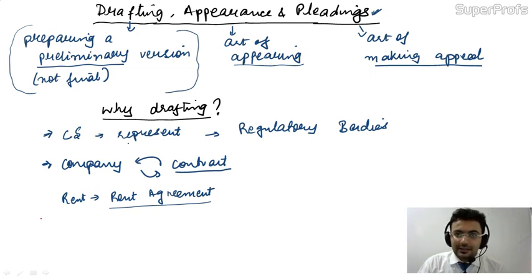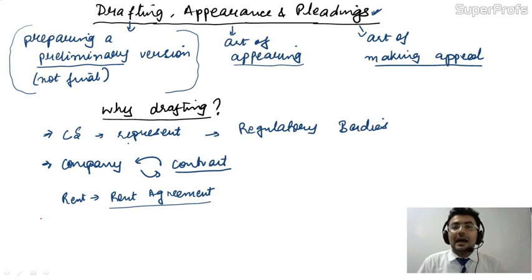Does it seem like we should think it's boring? Sure. Should I start with writing a love letter to your crush? Why should I write a love letter to your crush? Let us suppose you need to write a love letter to your crush. That will also be a part of drafting. Of course, we are not going to cover that here, but that is also drafting. Appearance is the art of appearing, how you are going to appear in front of your crush.